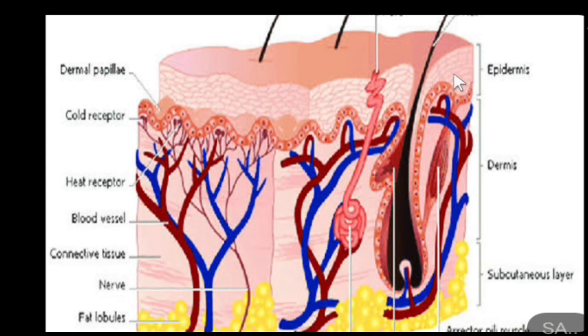More than 90% of epidermis is formed by keratinocytes, which produce keratin. The property of keratin is that it is a kind of protein which resists water. Because of this, the epidermis is water resistant. It is impermeable to water.